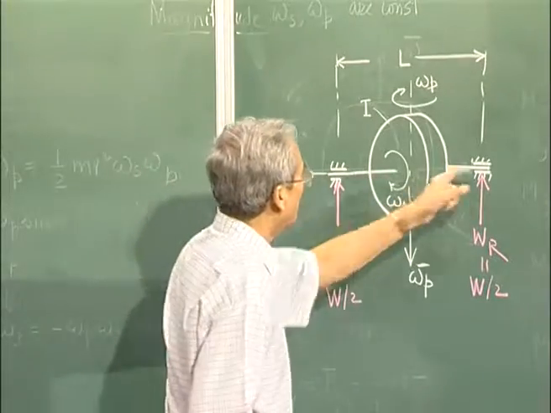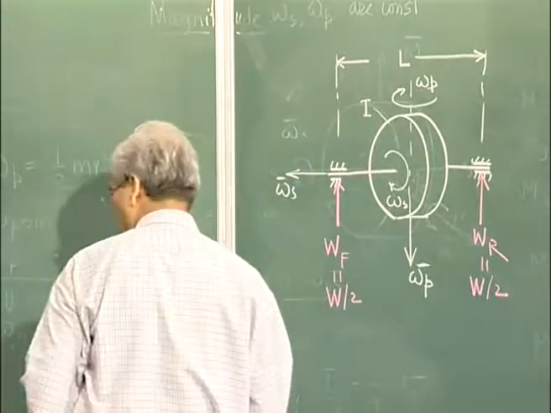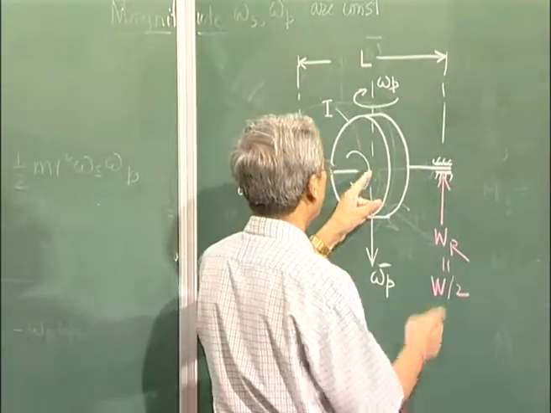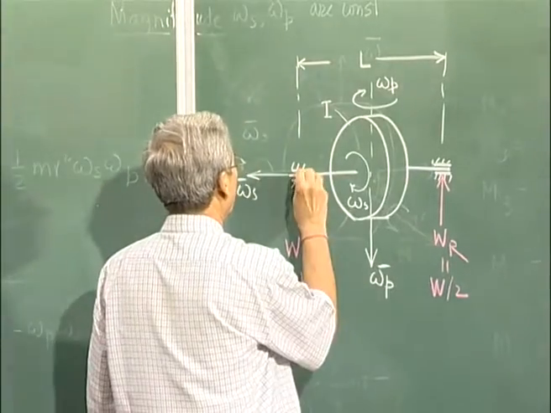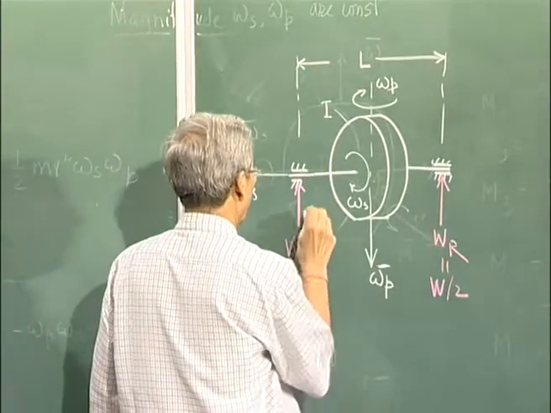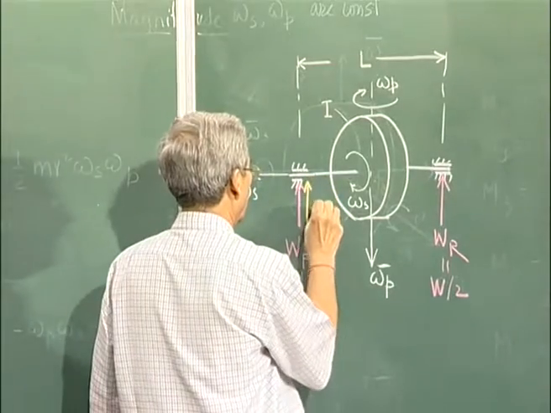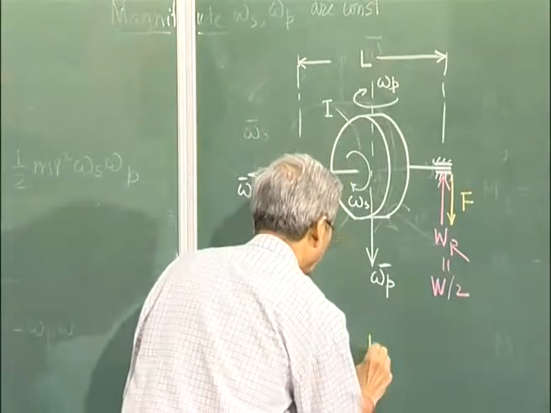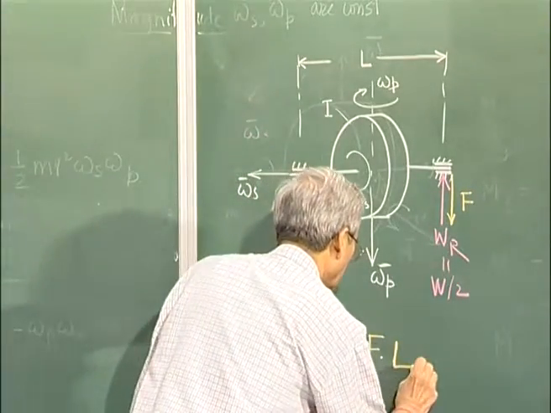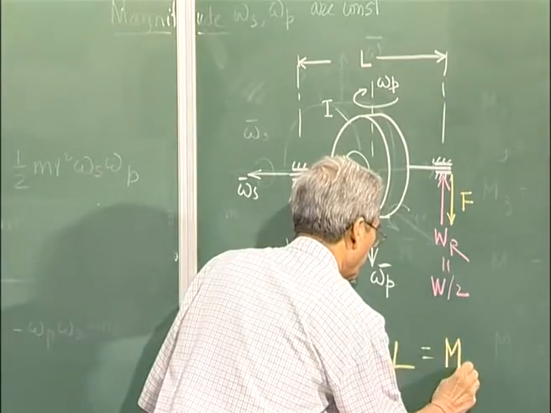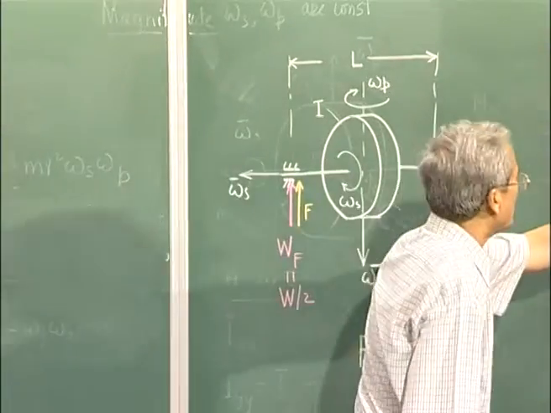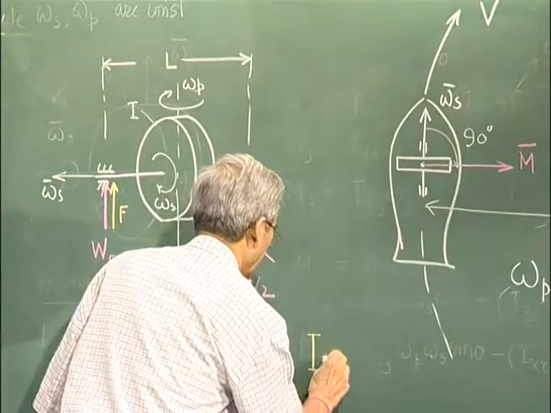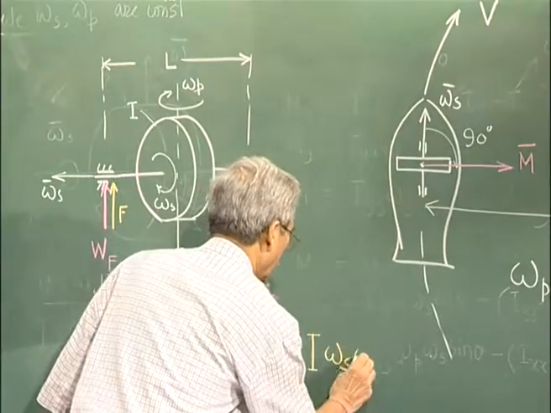So on the shaft of this rotor, there must be forces whose resultant effect on this body will be a moment in this direction, and therefore a force has to act here, and an equal and opposite force has to act here in such a way that the moment of this force, which is F into L, is equal to M. And the magnitude of this moment we also know from our analysis. It is the moment of inertia of this rotor I into omega s into omega p.